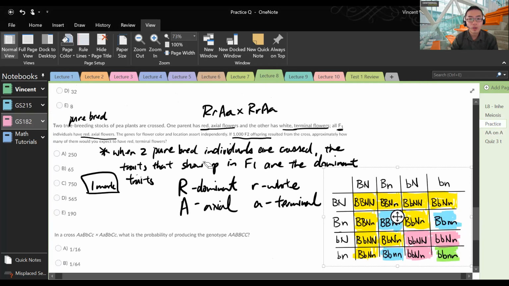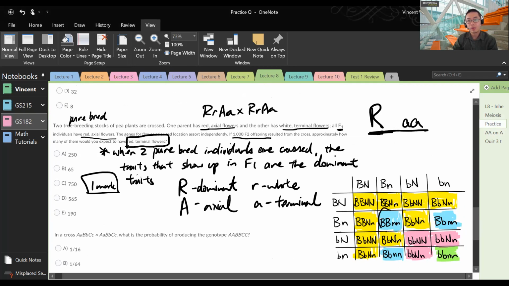So we are looking for, what are we looking for? We are looking for how many plants will have red and terminal flowers. Okay, so red means I have to have at least one big R, and then terminal flowers. Terminal is a recessive one, right? So I have to have like small a, small a. Okay, so big R something and small a, small a.